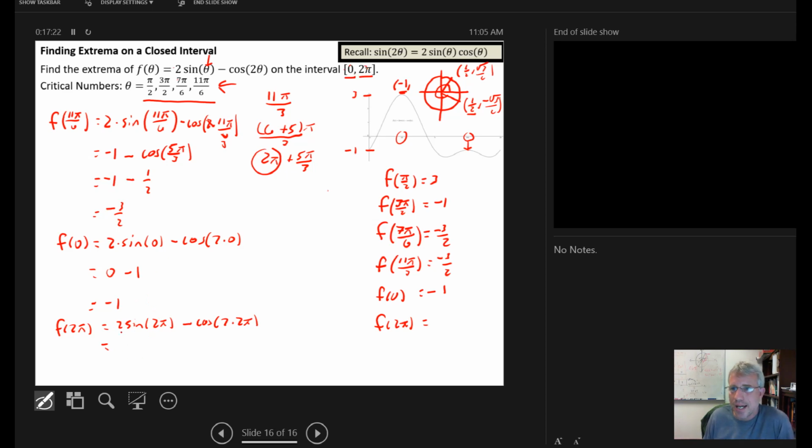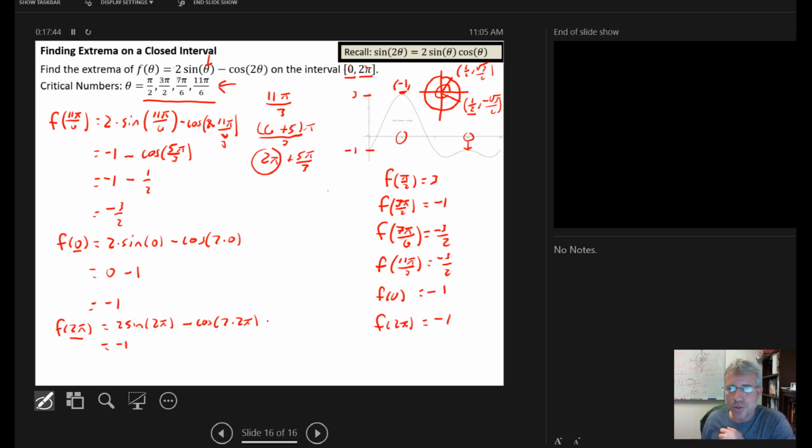So we should get exactly the same result as we did when we plugged in 0. We're still going to get the negative 1 that we got when we plugged in 0. 0 and 2 pi are coterminal, so they generate the same outputs. So there's step 3, evaluate the function at the interval endpoints.